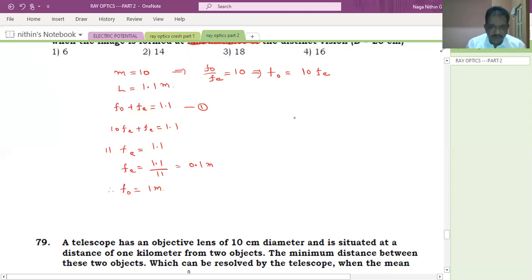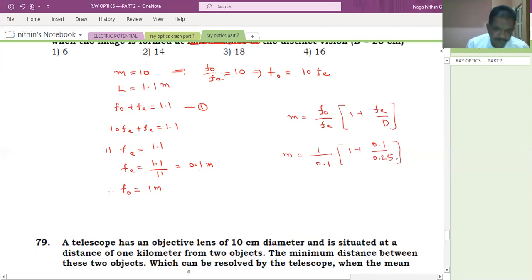Magnification formula will be how much? M is equal to FO by FE times 1 plus FE by d. M is equal to FO value 1 by FE value 0.1, which we got just now, and 1 plus 0.1 by, this will be 25 centimeter means 0.25.